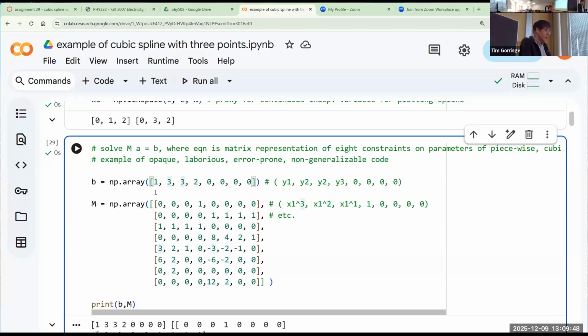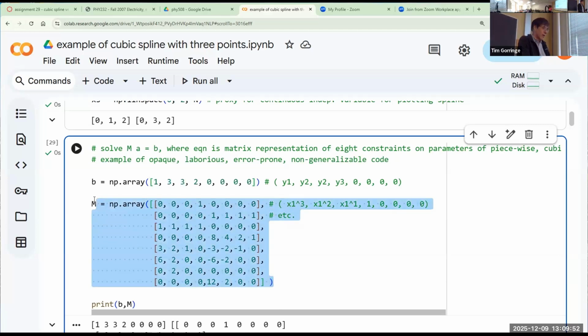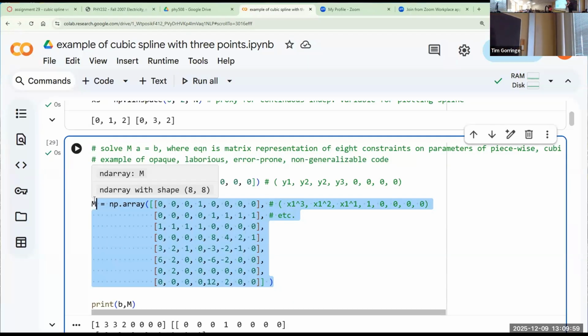The thing that was painful to build was this 64 element matrix, which contains the values of the independent variable, so x1, x2, and so on.